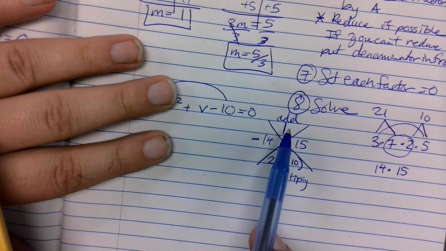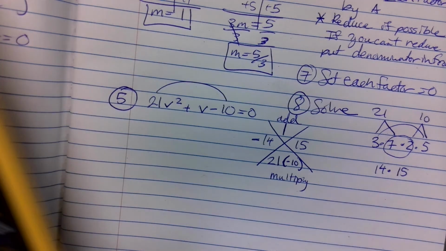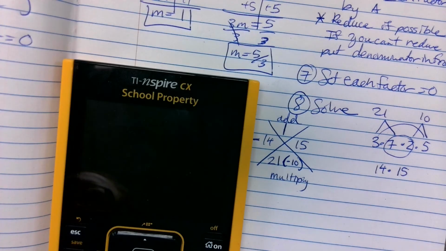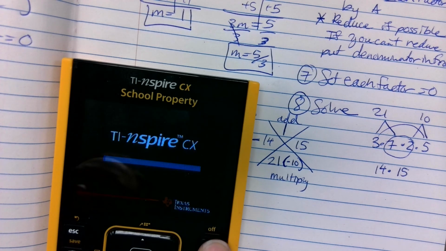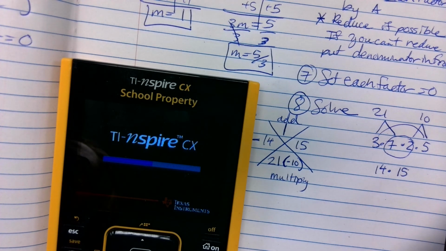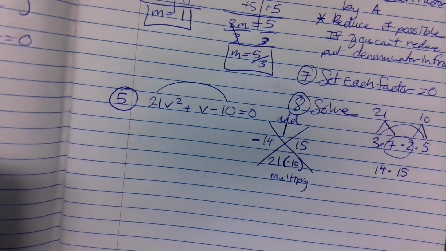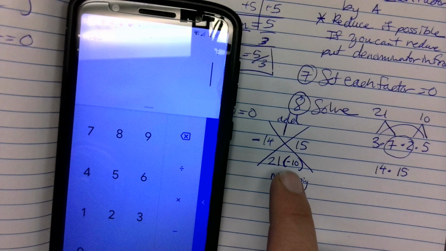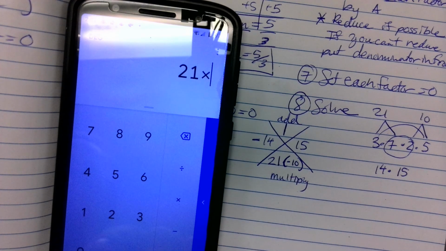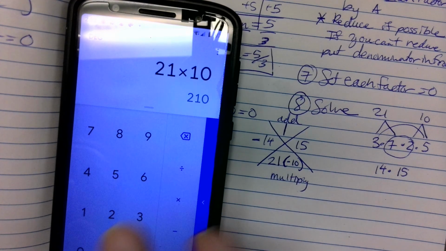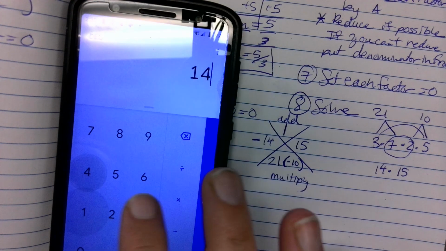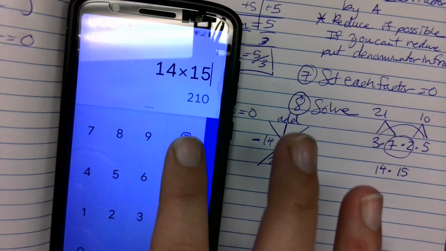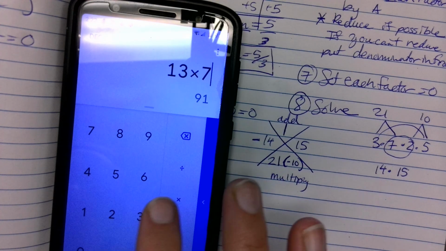And then just because it's big numbers, let me show you. So what we're going to do here is just 21 times 10, 210, easy. 14 times 15, 210. 3 times 7 times 2 times 5, 210.